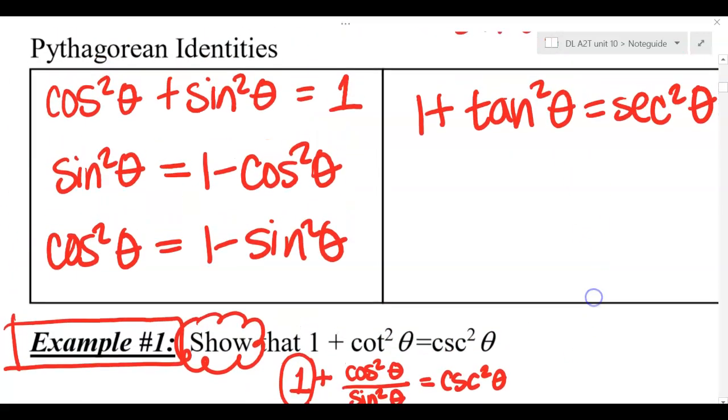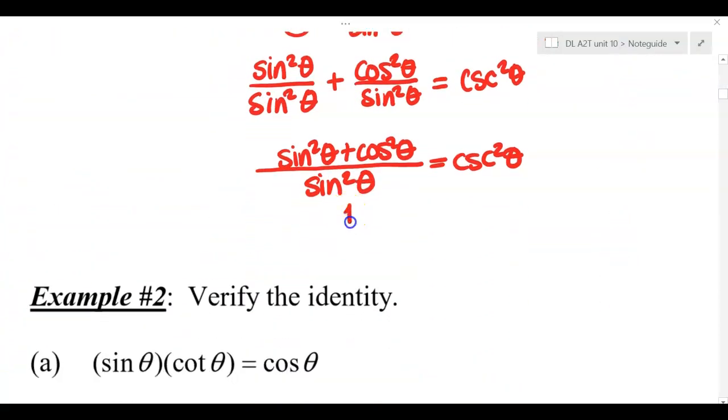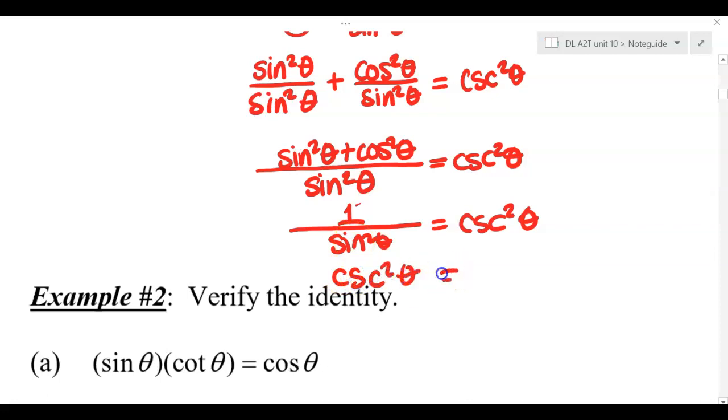It was on our list of identities. Sine squared plus cosine squared is equal to 1. So I can change that to a 1 because that's something equivalent. And 1 over sine is the same as cosecant, so I can now rewrite that as cosecant, and I've proven that it's the same as the other side of the equation.